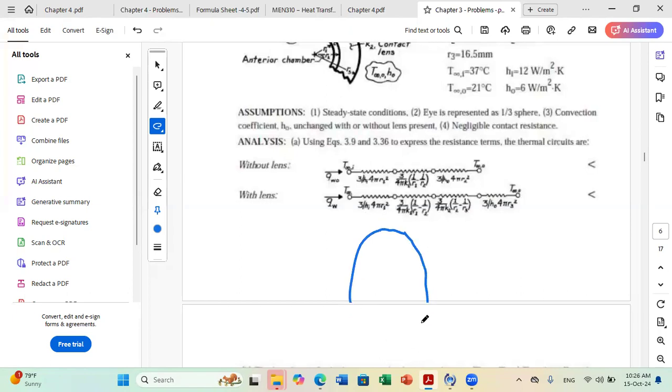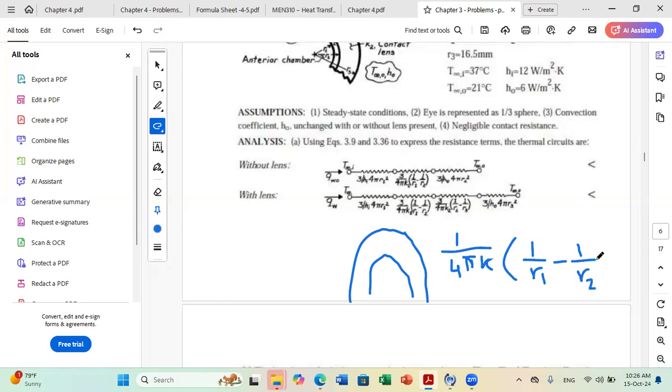For a complete sphere, the conduction resistance is 1 over 4 pi k times, if you have between two radii R1 and R2 for a spherical shape, you multiply by 1 over R1 minus 1 over R2, okay?